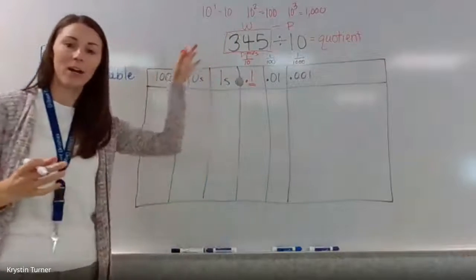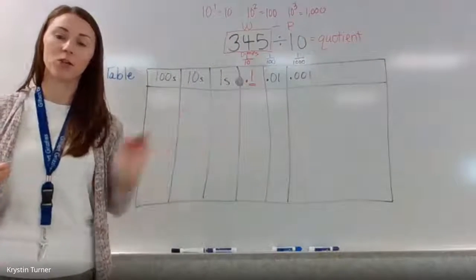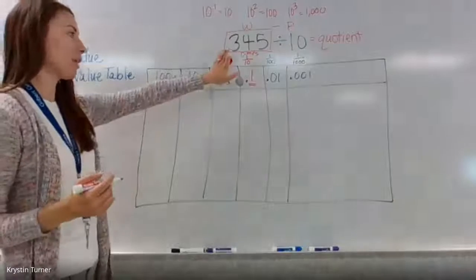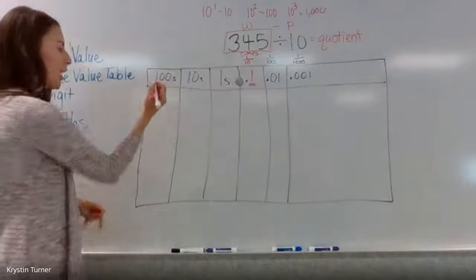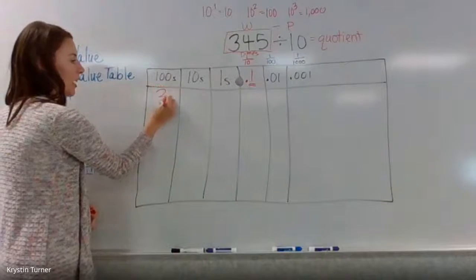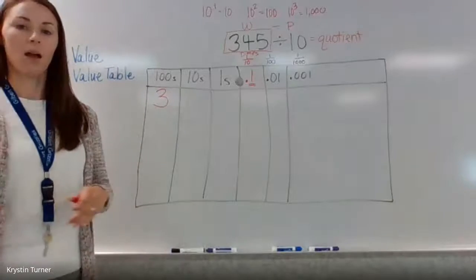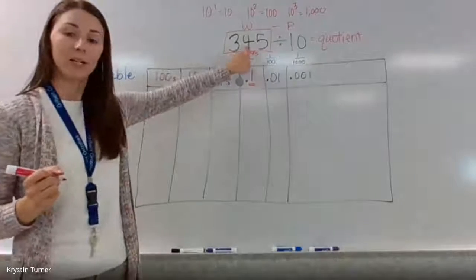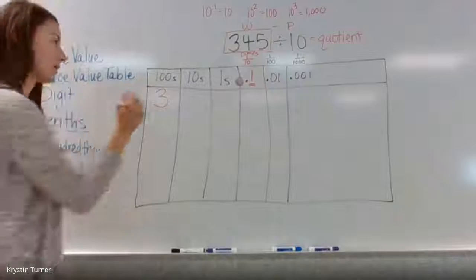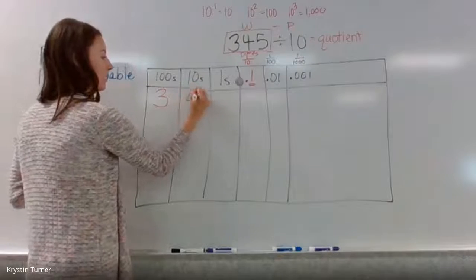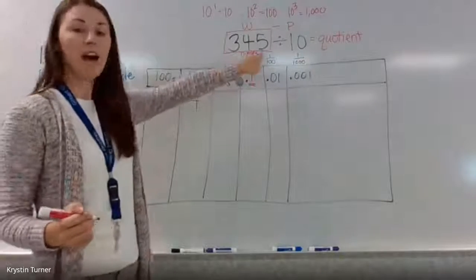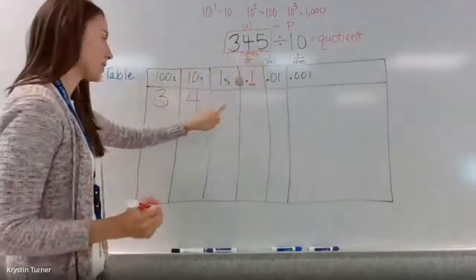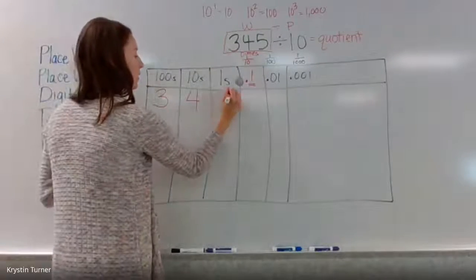So we're going to write our whole in the place value chart, 345. Well, I know the 3 is actually 300, so that 3 goes in the hundreds. I know that the 4 is actually the number 40, that needs to go in the tens. And then the 5 needs to go in the ones.